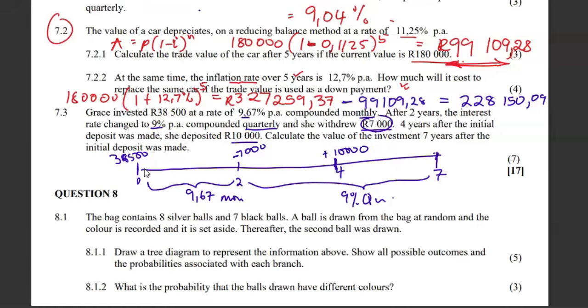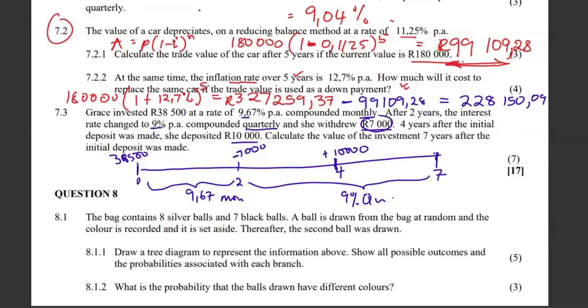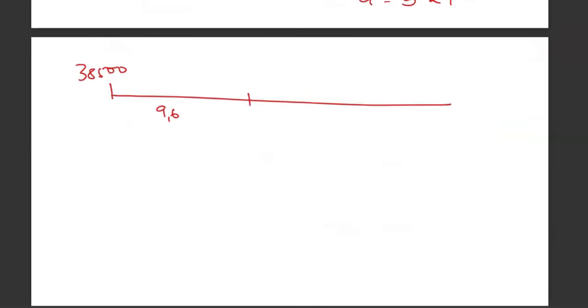Number one, let me put it this side. We are saying it's 38,500. Okay, and then we're going to have a 9.67. That is year 2. Okay, and then there's a 4 and probably a 7, and then the interest that side.